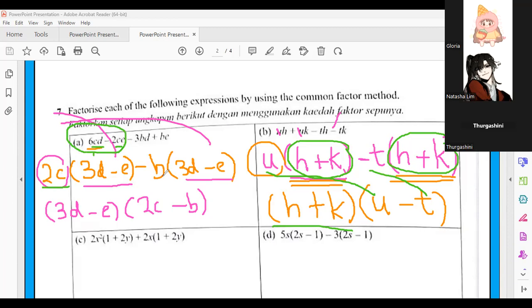And then you took out the B, and again you're left with 3D minus E. So the 3D minus E is something that is in both, that can be factored out. And you're left with 2C minus B. Do you see that? It's a double level factoring. Okay? Alright, common factor, taking out and taking out again.